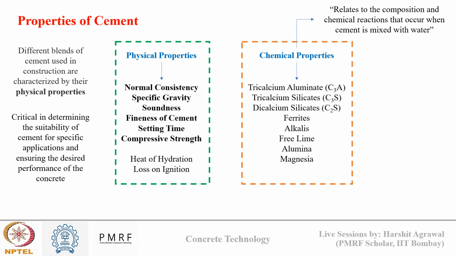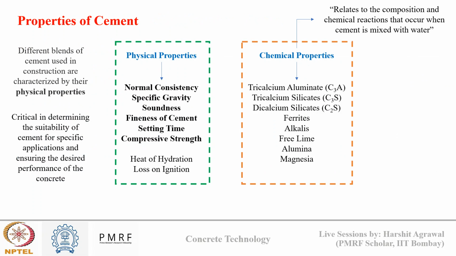Then we talked about properties of cement. We listed chemical and physical properties. Physical properties are nothing but the end result of chemical properties, and they are important in determining the suitability of a cement for a specific application, and they are also important for ensuring that the desired quality of cement meets the standard guidelines that have been formulated.